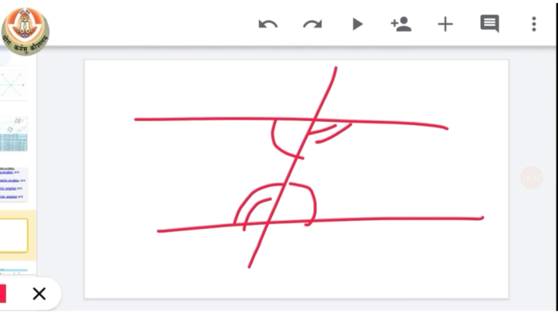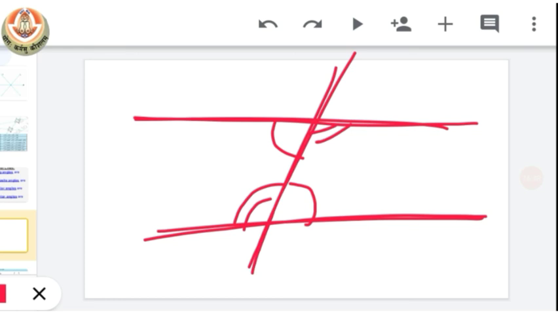So when two parallel lines are intersected by a transversal, each pair of alternate interior angles is equal to each other. If it is 75 degrees, this is also 75 degrees, and if it is 18, it is also 18 degrees.